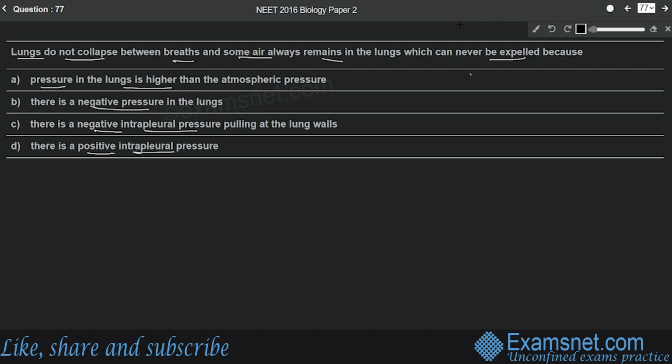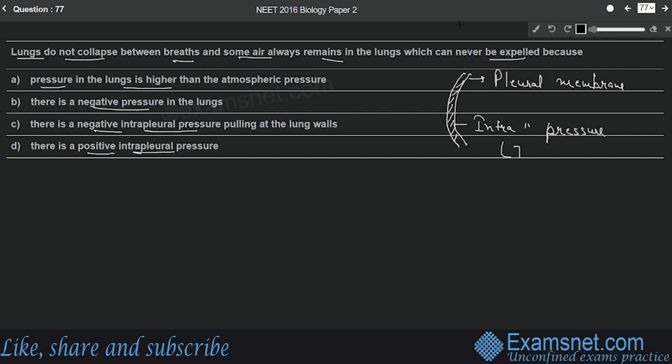Okay, so we know that the lungs are double membraned organs. That means these are lined by two membranes which are known as pleural membranes, right? And there exists a pressure between these two membranes that is known as intrapleural pressure.